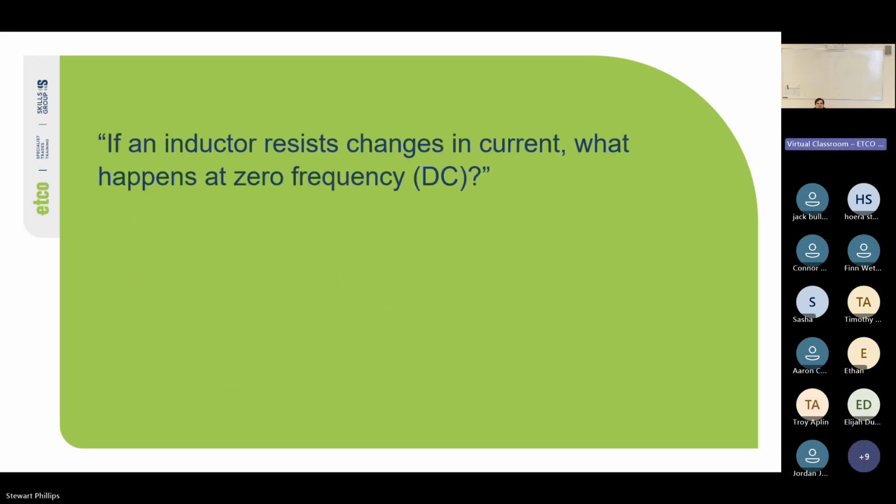So what happens if an inductor resists change in current?